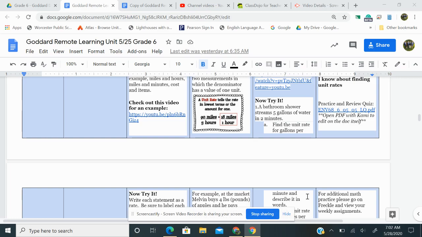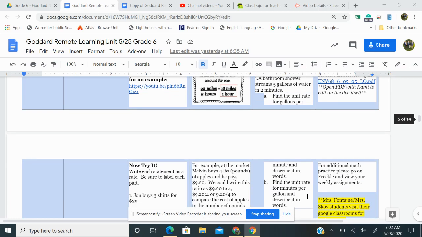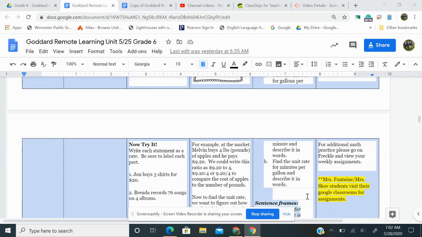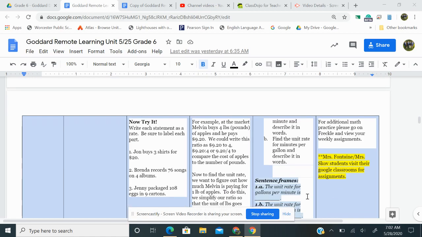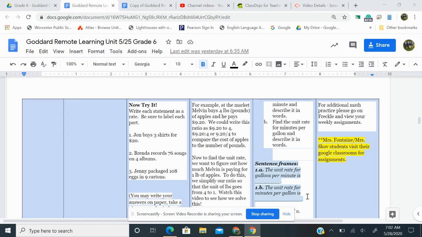A, find the unit rate for gallons per minute and describe it in words. B, find the unit rate for minutes per gallon and describe it in words. Here are some sentence frames to help you out. 1A, the unit rate for gallons per minute is blank. The unit rate for minutes per gallon is blank.